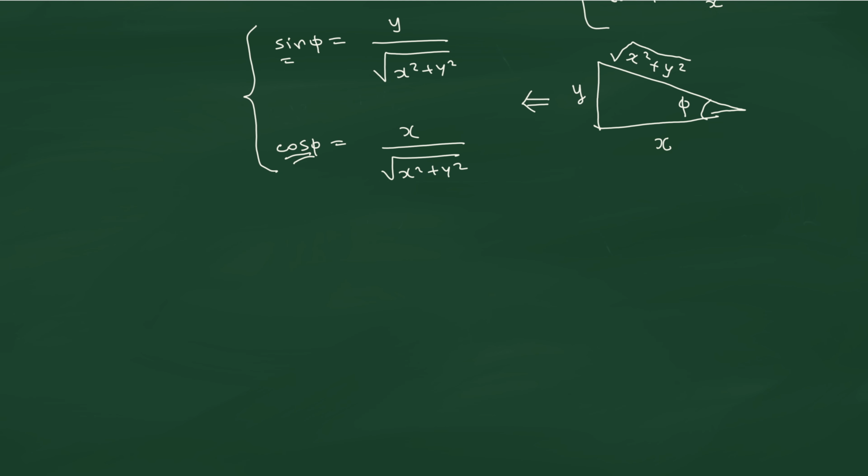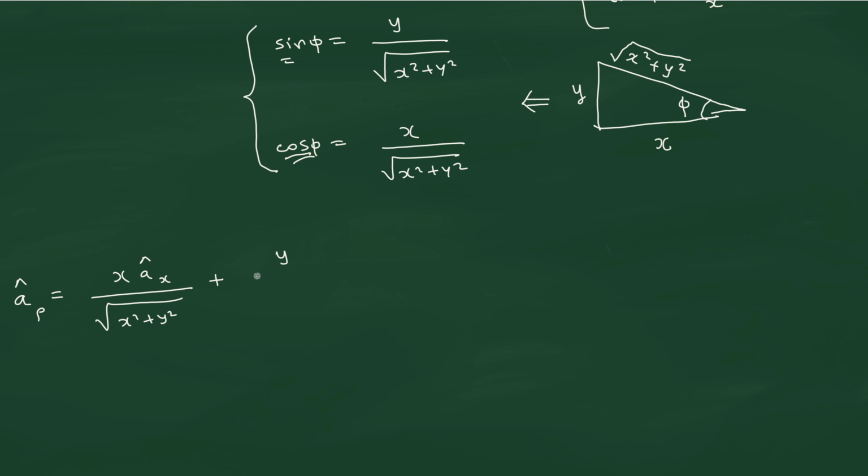Therefore a rho unit vector would be equal to cos phi into, which means x divided by square root of x square plus y square into, what unit vector was there? It was a ax unit vector, right? Then you have a plus sine phi.